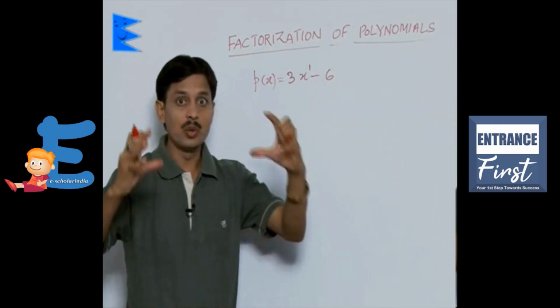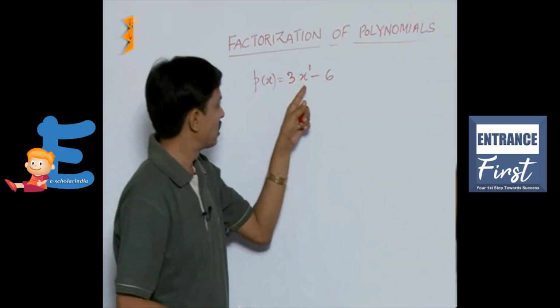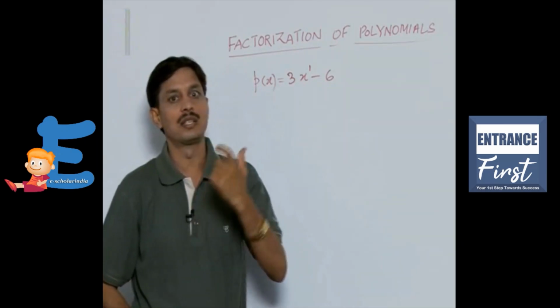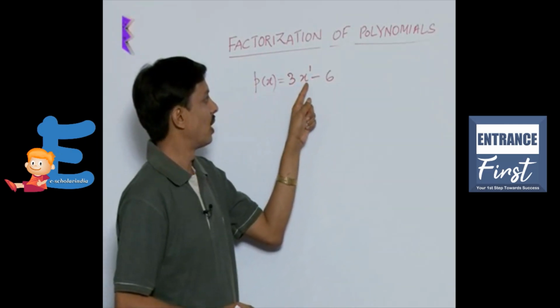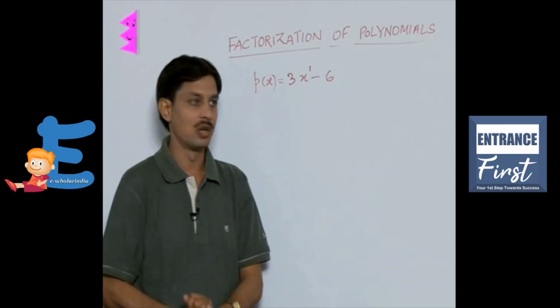If I ask you to find a value of x which, when supplied here, makes the right-hand side result 0: at x equals 1, 3 into 1 minus 6 is minus 3, so the result is not 0.